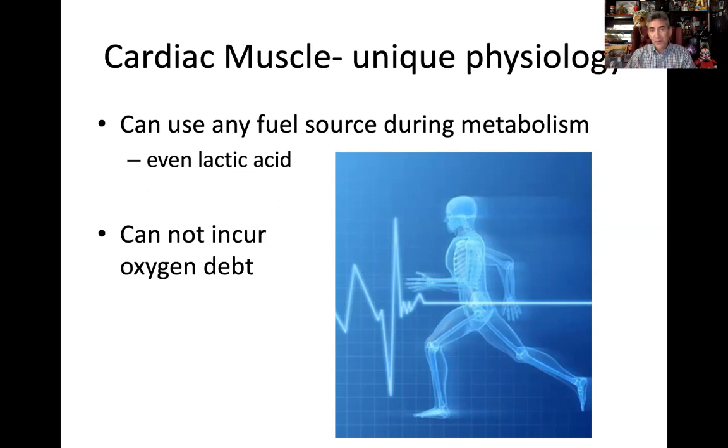So the moral of the story, your heart needs oxygen at all times. Bad things happen if your heart cells are deprived of oxygen for even little bits of time, right? So again, we need to have a constant supply of oxygen, and the heart will accomplish this by its own circulatory process. Coronary circulation we'll talk about, and again, linking up with the blood, with the lungs. So very highly integrated type of system there.